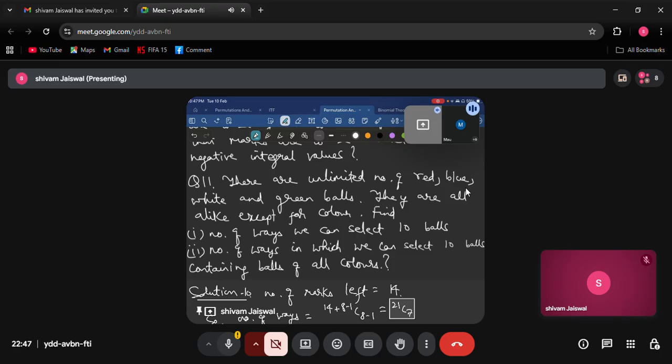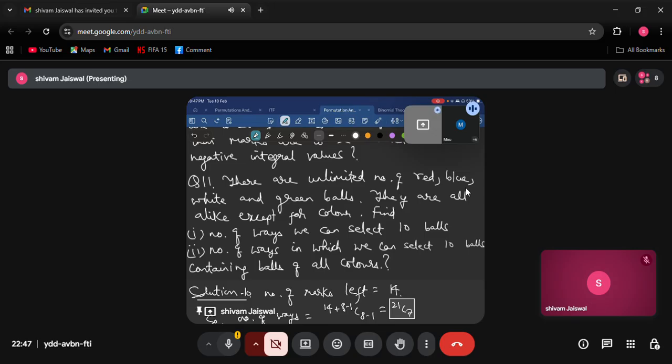So my question is, will it be always like this? That means you have to select balls of 4 colors, and there are 10 balls you need to select. So the number of ways will be 10 plus 4 minus 1 C 4 minus 1. But this formula is used to find out the number of ways to distribute, right?